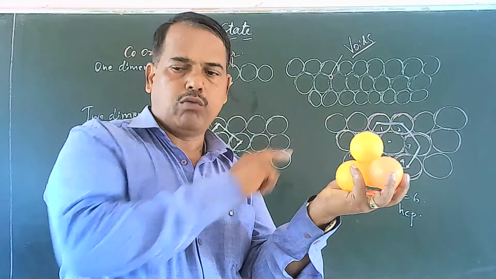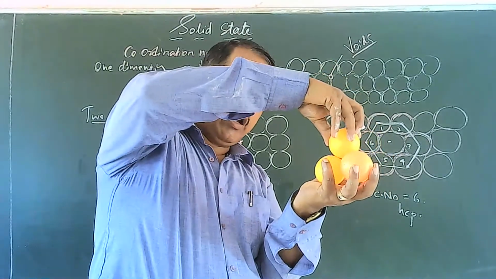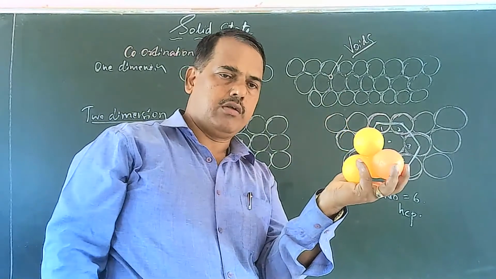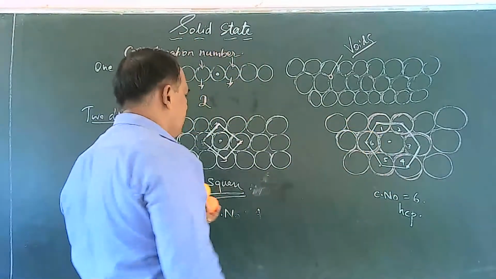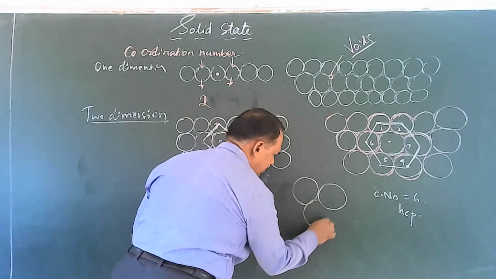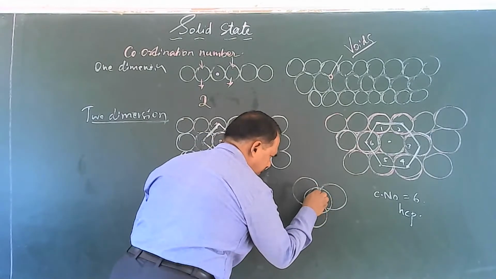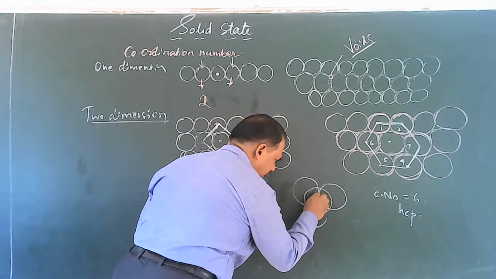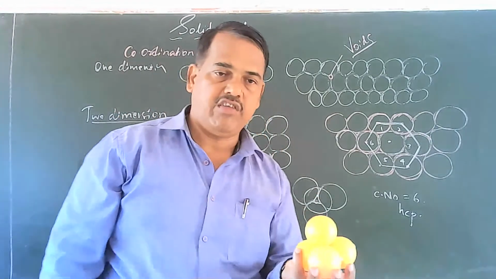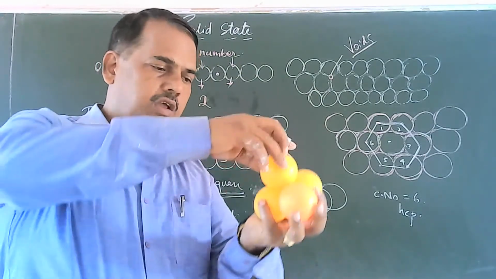As three spheres and one sphere placed above generate a void, that void is called tetrahedral. Are you clear? You can easily find it. What is the geometry of that void? It is nothing but tetrahedral. Easily you can understand.